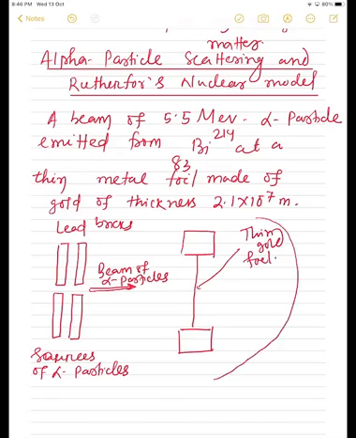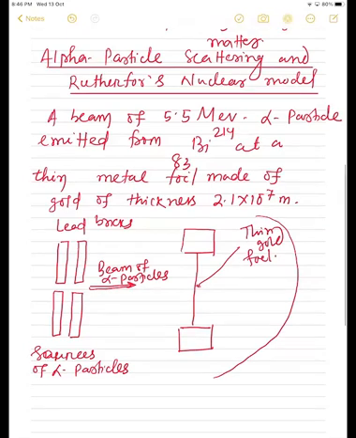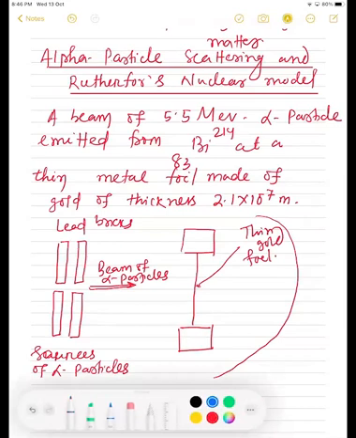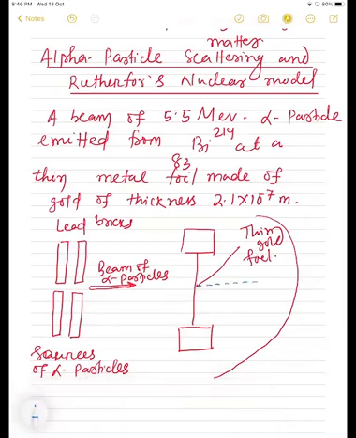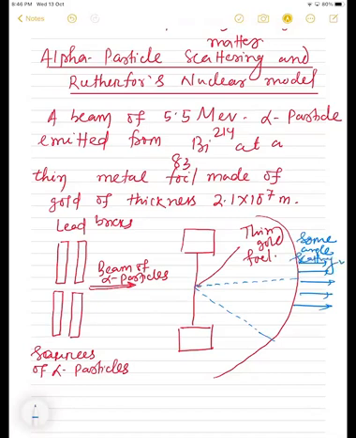Some alpha particles showed small angle scattering. Let's change the color to show the alpha particles' direction. Some moved in this direction, some went in this direction, some went horizontal. Small angle scattering of some, right?